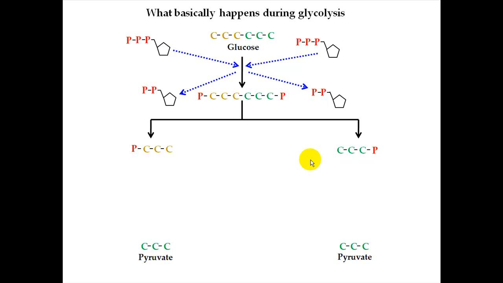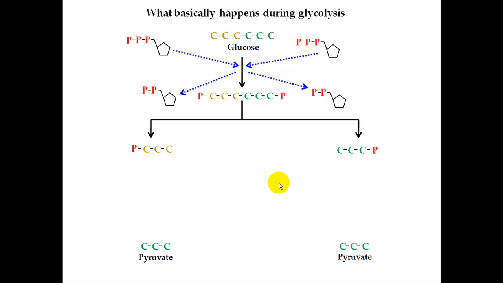We've simplified this so that we're only looking at the carbon skeleton. But if you were to take a look at the complete structure of glucose, you'll see that this half has a little bit different structure as compared to this half. So these are different. It turns out that this is the only half that can continue on to form pyruvate.